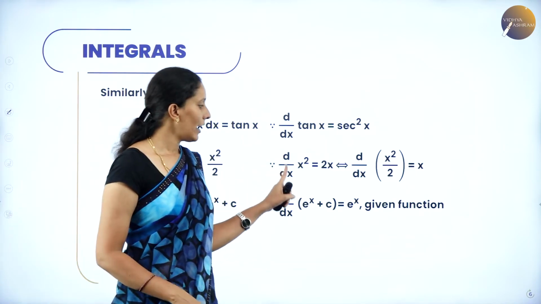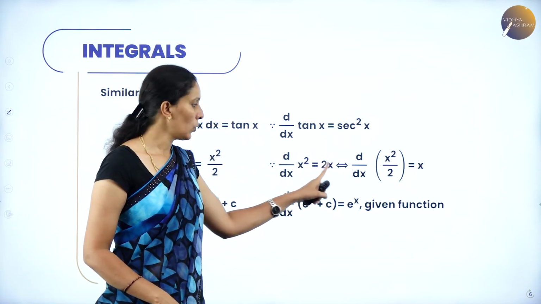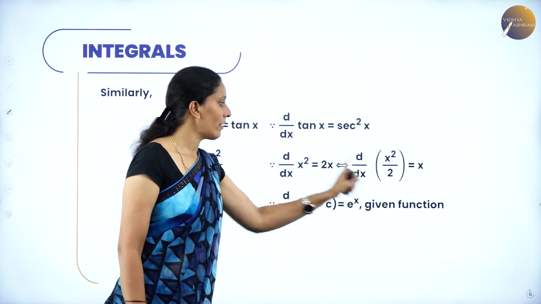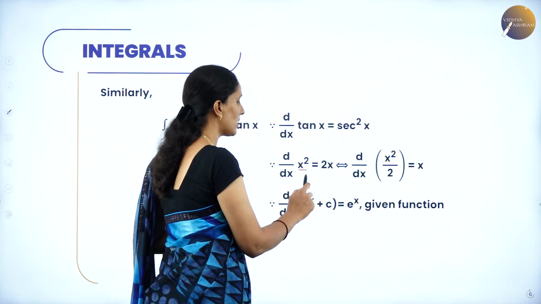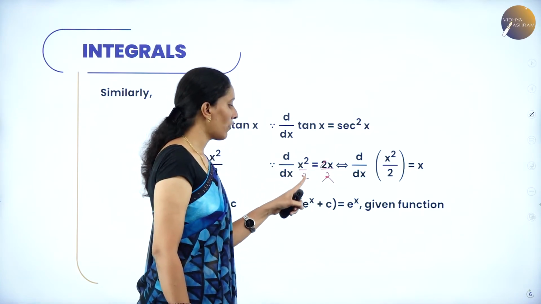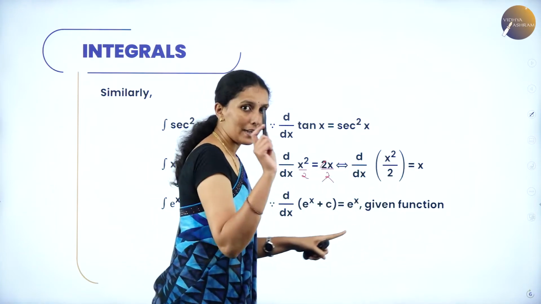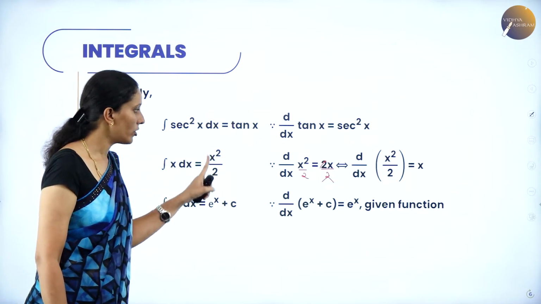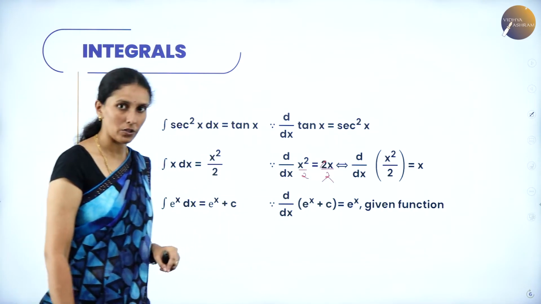How? Derivative of x square will be 2x. But if you differentiate x square divided by 2, the 2 gets cancelled. Thus, the derivative of x square by 2 is x, and thus integration of x with respect to dx becomes the original function, which is x square by 2.